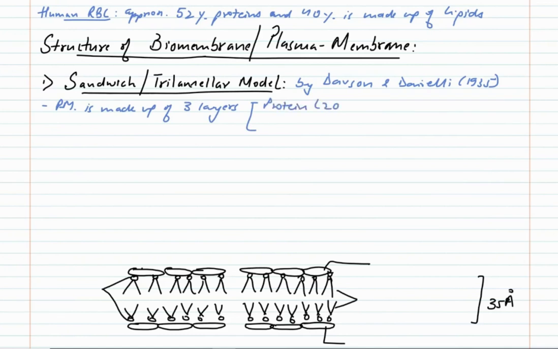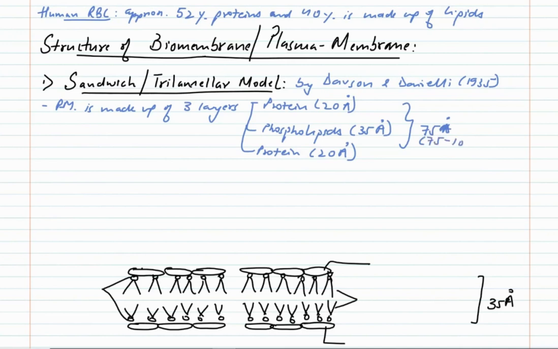First is a layer of protein, which is 20 angstrom thick. Second is a layer of phospholipids, which is 35 angstrom thick, and again a layer of protein, which is again 20 angstrom in thickness. So overall, the plasma membrane is 75 angstrom thick. If we have to give a range, the range will be between 75 to 100 angstrom.